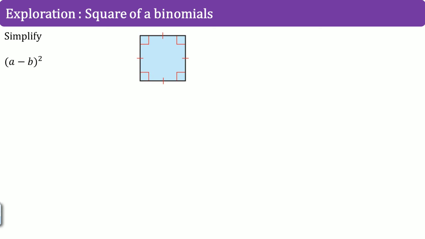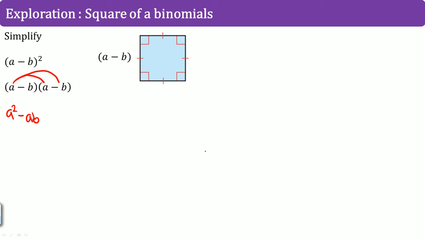Now let's look at what happens if you have a subtraction. Same process, but you just have to be very careful with the negatives. So distribute this and distribute this. This gets you a squared minus ab.